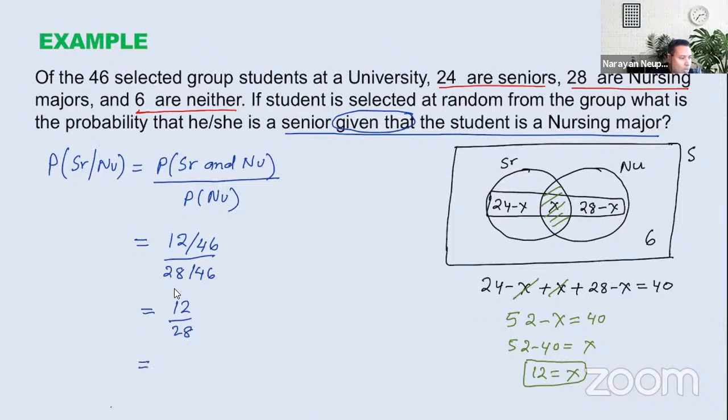And then 12 divided by 28, if you simplify that, it will be 0.4286. So that is the probability that the student is senior given that they are a nursing major.